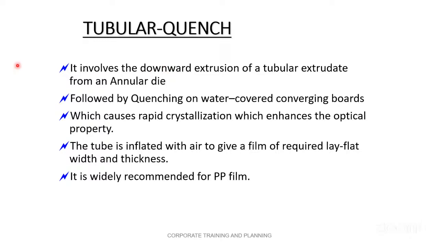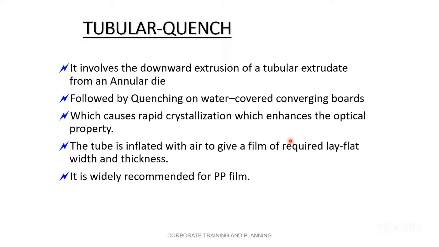See here, it involves the downward extrusion of the tubular film extruded from an annular die. I told you all PVC and polyethylene film goes upward, but here it is extruded at the top in a downward direction, like this. Now, followed by quenching in the water-covered boards.